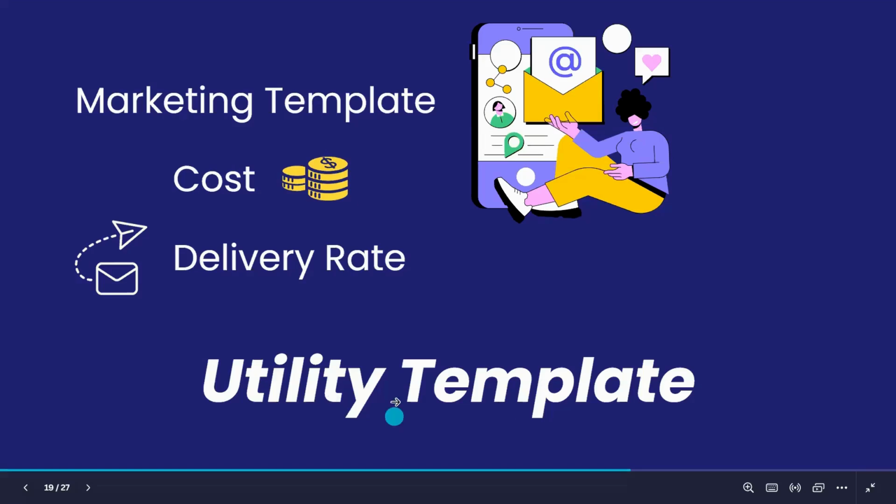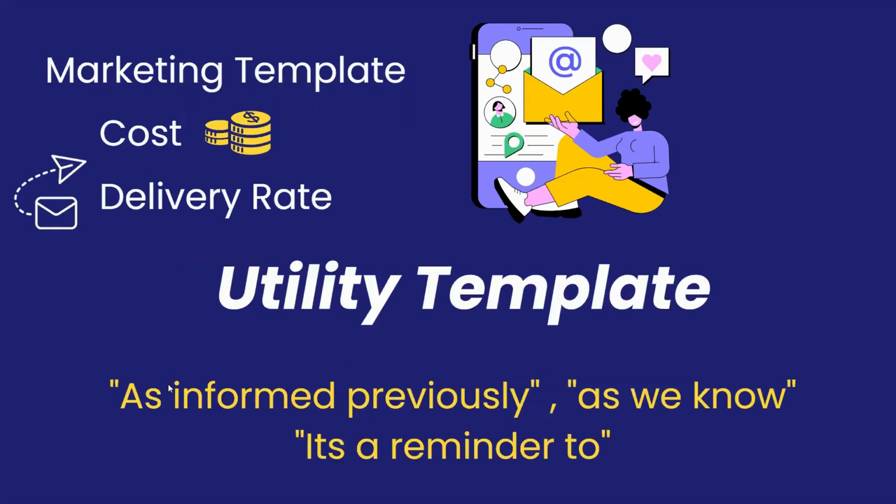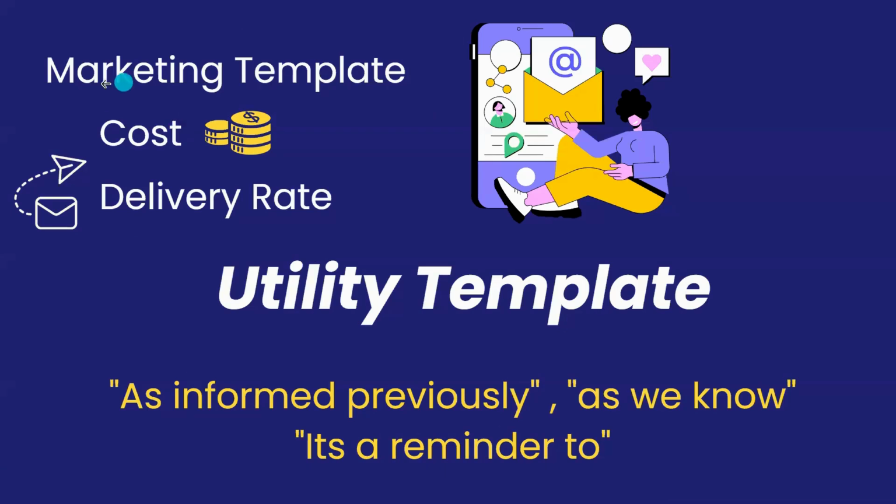So what we can do is we can convert our marketing messages to utility templates. How? Very simple. You can try using different phrases, like as informed previously, or as we know, or it's a reminder too. Something like this. These phrases, if you are using them in the marketing template also, it will be approved by Meta bots as a utility template, right?